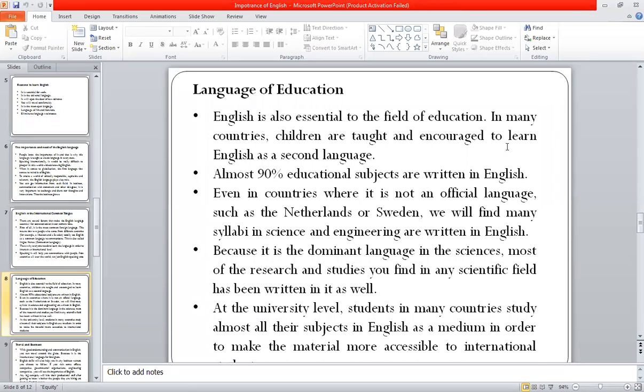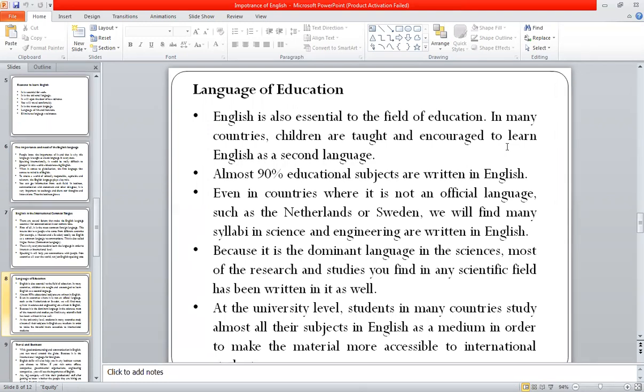You are learning all these subjects of special engineering, that is electrical engineering, in English itself. You are not using Marathi as a language of medium or education. I will say that 100% of your educational subjects are written in English.